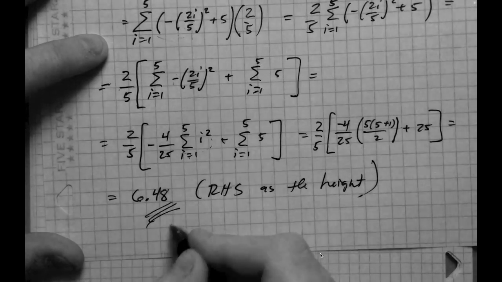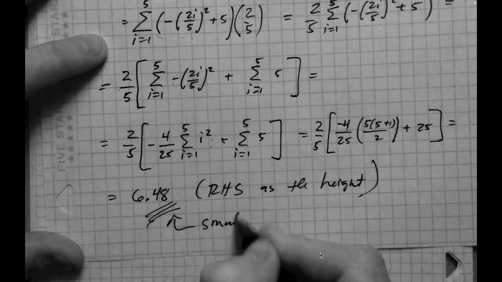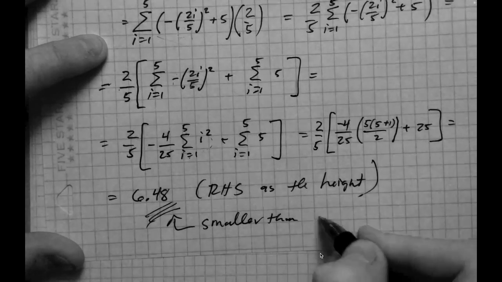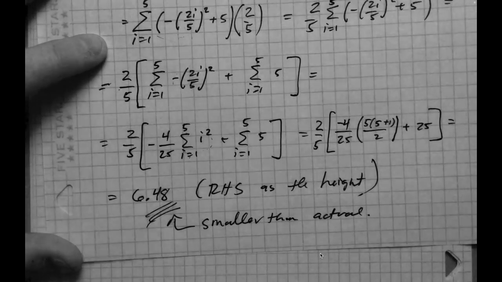What happens if we use the left hand side as the height? Well, we're naturally going to get a different answer. If you recall, the right hand side would produce an area smaller than actual. The left hand side should produce an area that's larger than actual, and that's specific to this function because this function is decreasing on the interval 0 to 2.